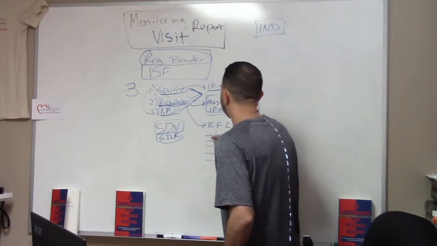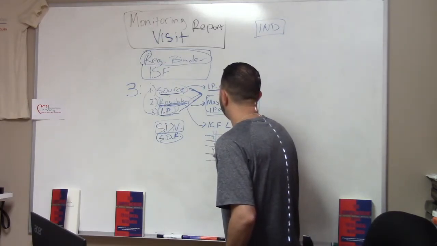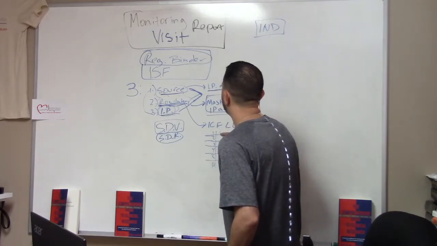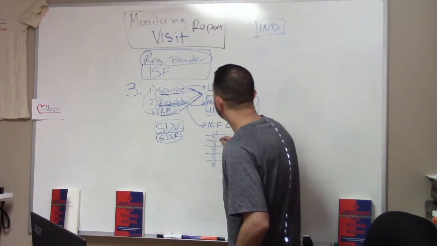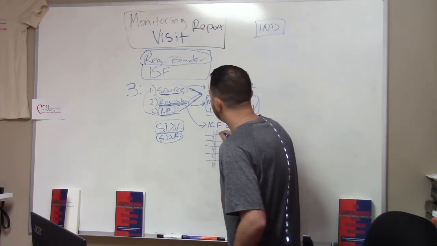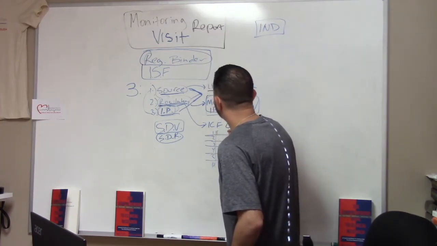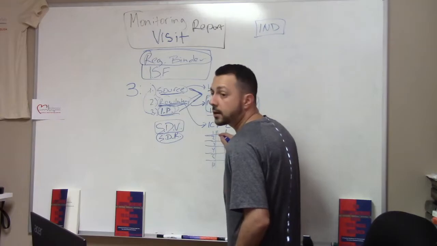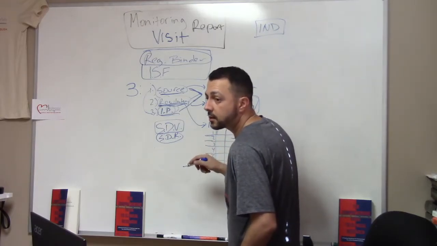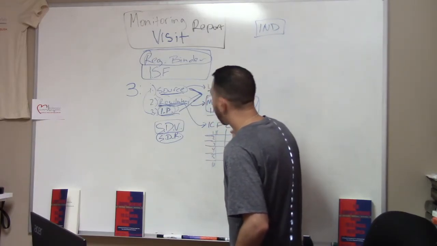So if subject 1, 2, 3, 4, 5, 6, and amendment 1 of the ICF, this one signed on what date. Then maybe amendment 2 comes out later. Well, now subjects 2, 3, 4, 5, and 6 all sign it, but subject 1 has to sign that as well if he's still in the study. So this log tracks all this.